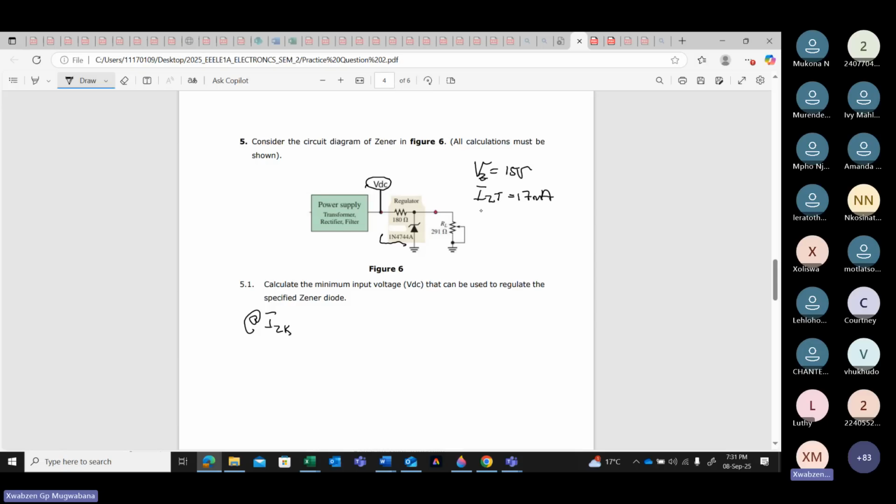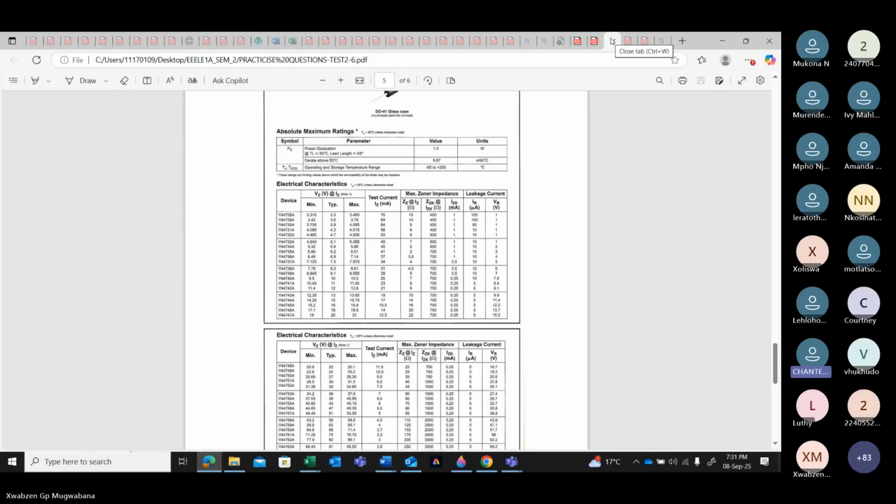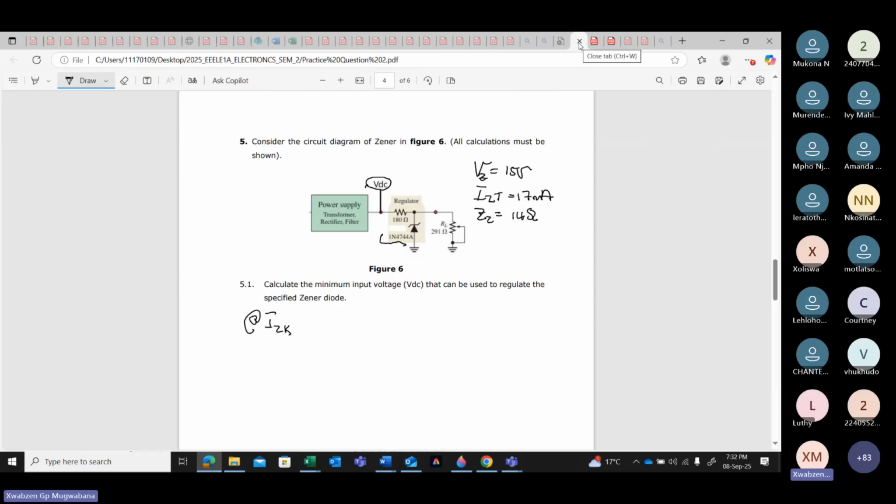Then I need my ZZ, which says it's 14 ohms. Let's see. Yes, they are correct. Now, what is my IZK? My IZK is 0.25 milliamps.